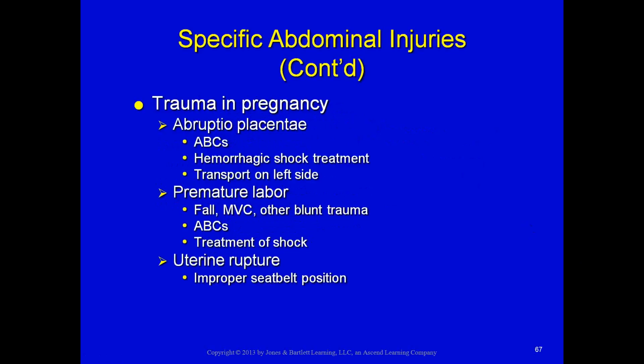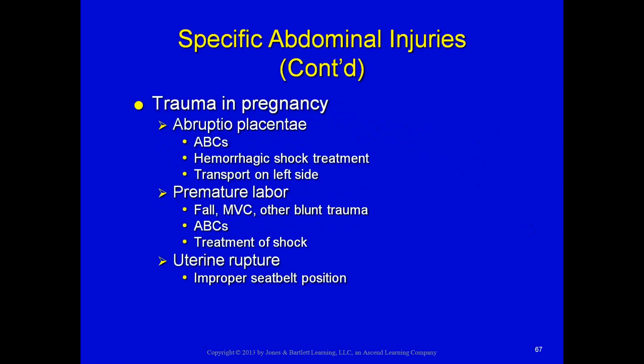Uterine rupture is extremely rare. It may occur as a result of an improper seatbelt position. The seatbelt would have to be high on the pelvis, strapped across the abdomen. There would have to be a significant rapid deceleration at a likely higher rate of speed in order for that to happen.